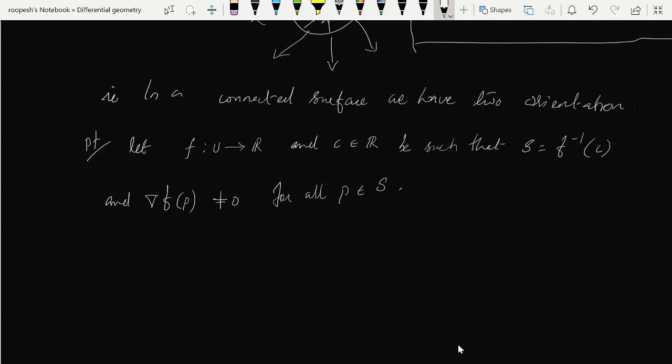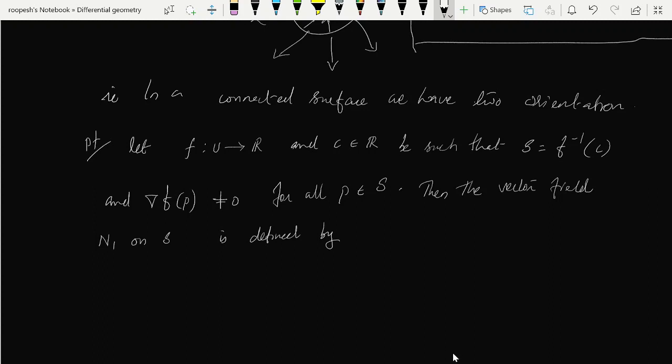Then the vector field n1 on S is defined as follows. First, this is the definition of the surface.